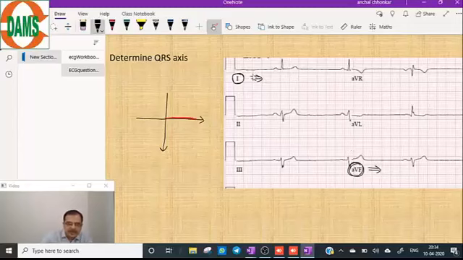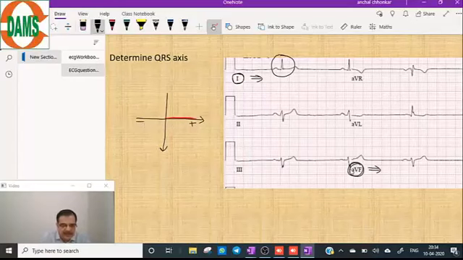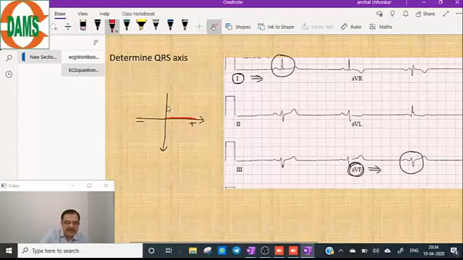The lead one QRS complex you can see is a positive QRS complex. I will draw to the positive side of lead one. And AVF, this is the QRS of AVF. These are the two leads. So this is negative. Negative means in this direction.